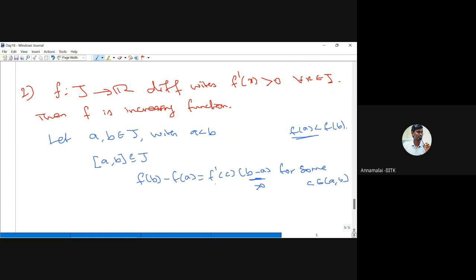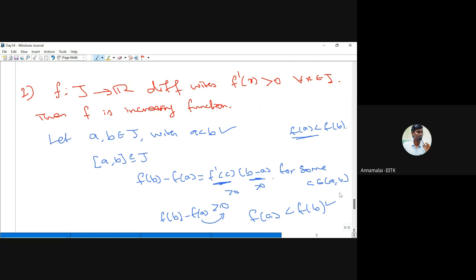And by the assumption, the derivative at all points is greater than 0. Therefore this is positive, so the product is positive. That is, f of b minus f of a is positive. Taking f of a to the other side, f of a is smaller than f of b. We started with a less than b and proved that f of a is less than f of b. Therefore, f is an increasing function.